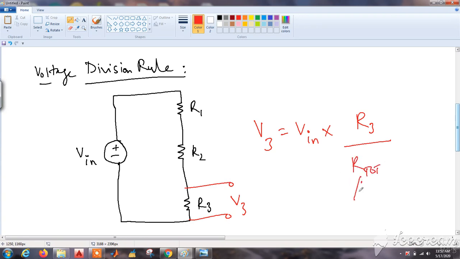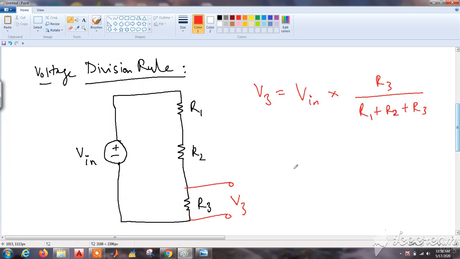Since they are connected in series, the total resistance will be R1 plus R2 plus R3. This is how you find the voltage across any of them through the voltage division rule.